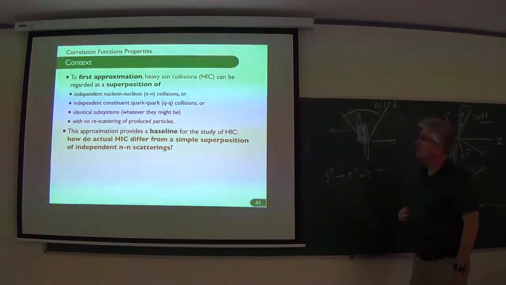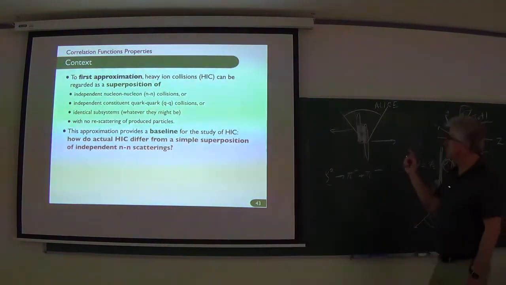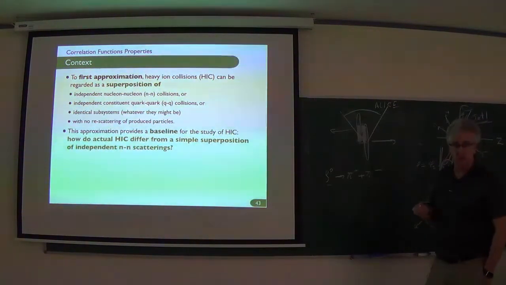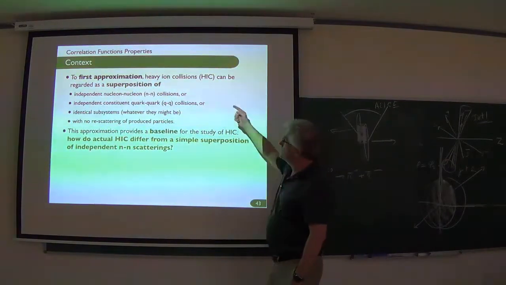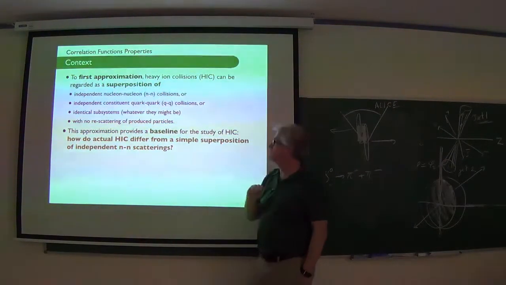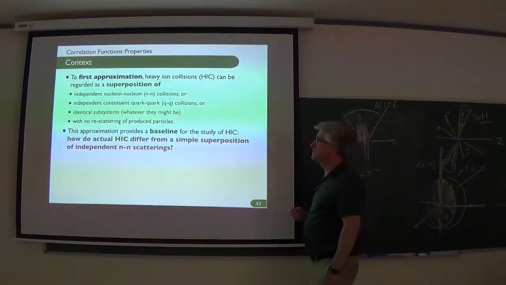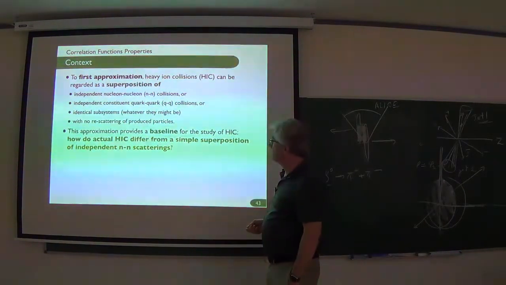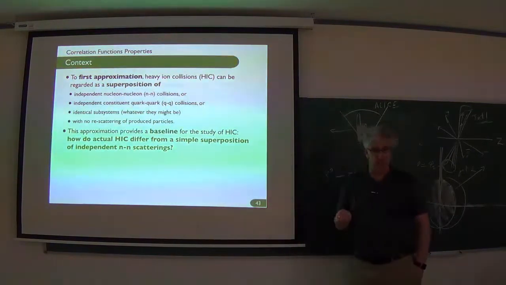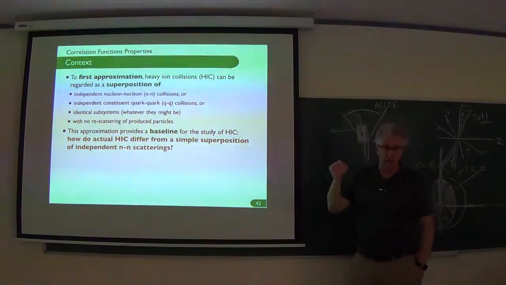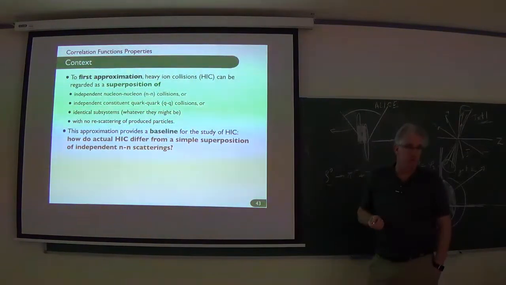I will say that these collisions consist of a superposition of independent processes, and that could be independent nucleon-nucleon collisions or quark-quark collisions, or a superposition of identical systems, whatever these systems might be. I will use this as a baseline to understand how these cumulants behave or scale with collision centrality.